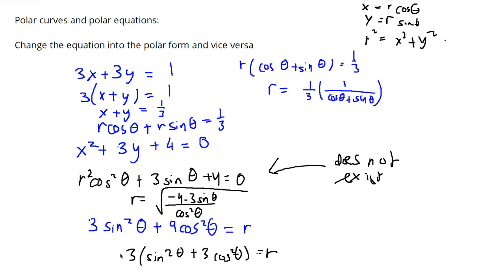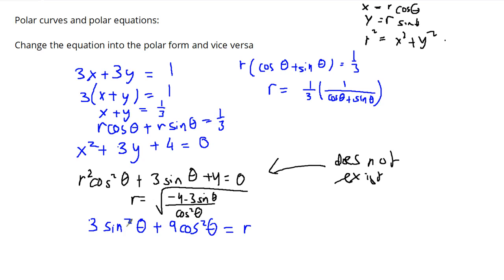X equals r cosine theta and y equals r sine theta. So this is already a valid graph. We just want to convert it to x, right? You know what? I think I messed up on this.